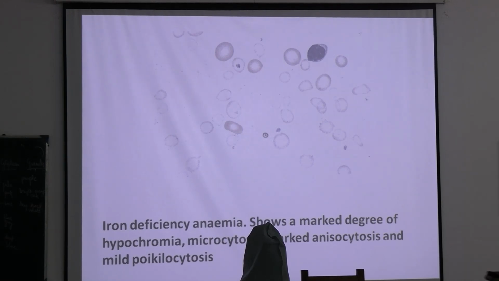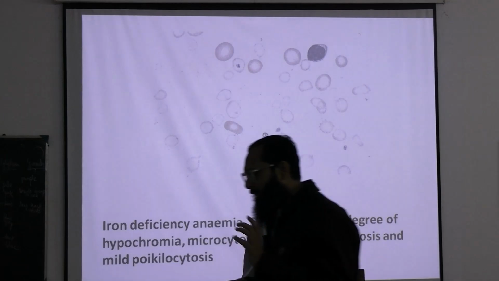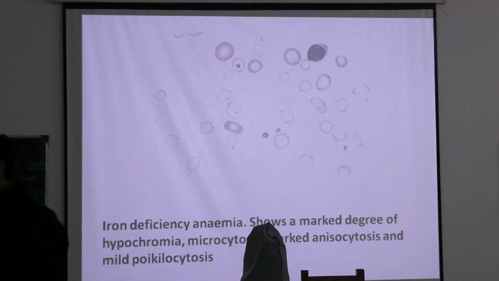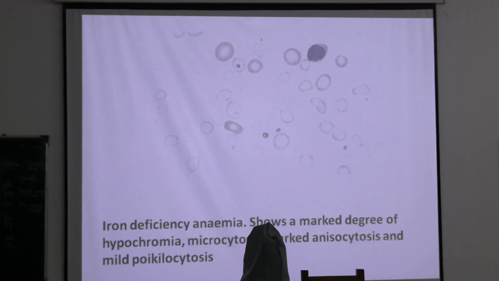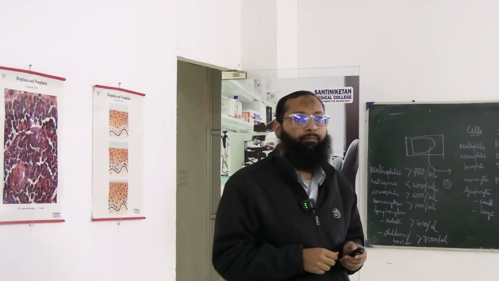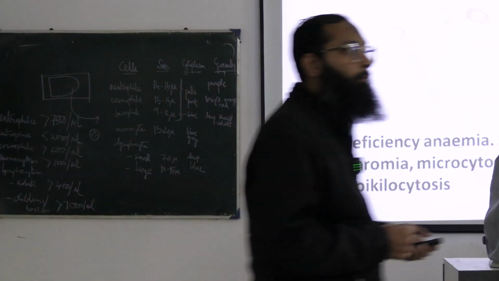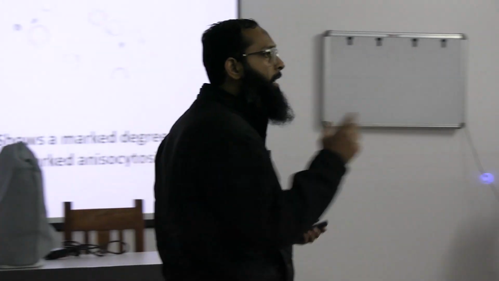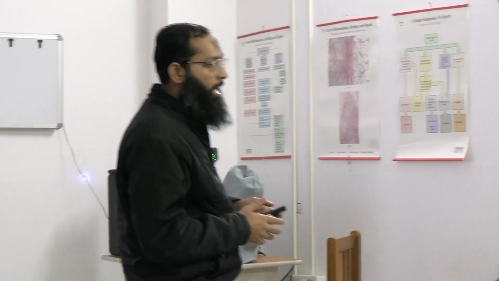So, can anyone in this class tell me the RBC indices which is actually used to indicate the size variation? Yes? MCV, that indicates the size of an RBC, average size of RBC.